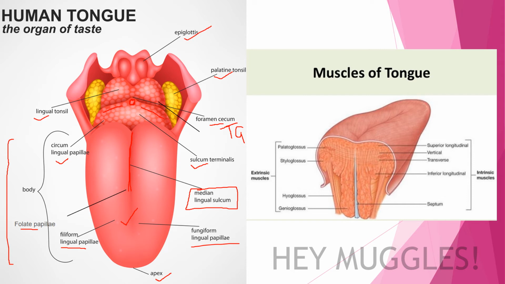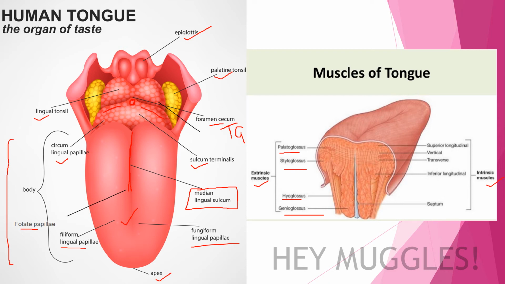So I think this is enough for the basic structure of the tongue. Let's see the extrinsic and intrinsic muscles of the tongue. We have four extrinsic muscles, right? We have palatoglossus, styloglossus, hyoglossus, and genioglossus. Genioglossus is also known as the safety muscle because it prevents the posterior displacement of the tongue.